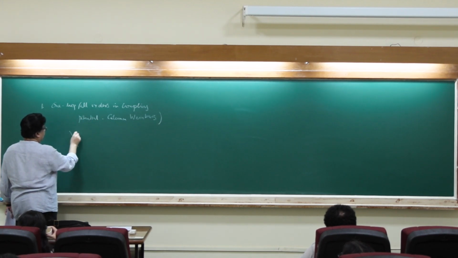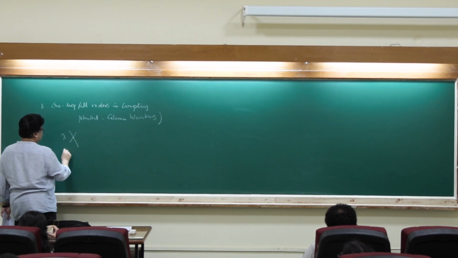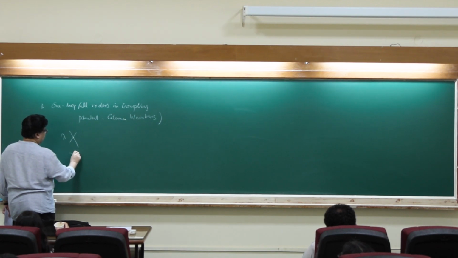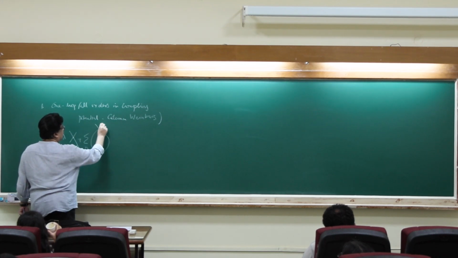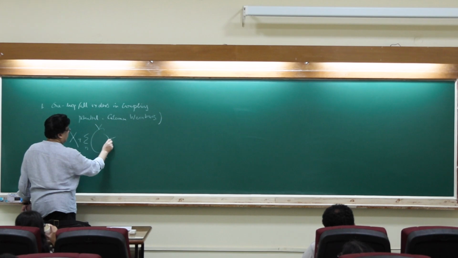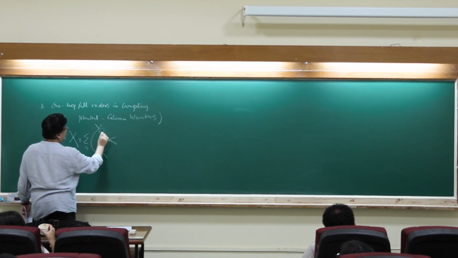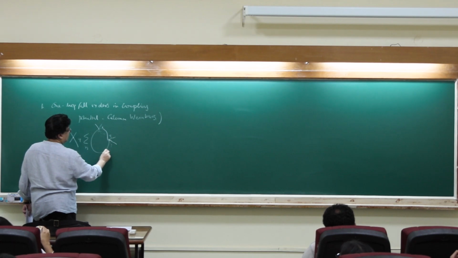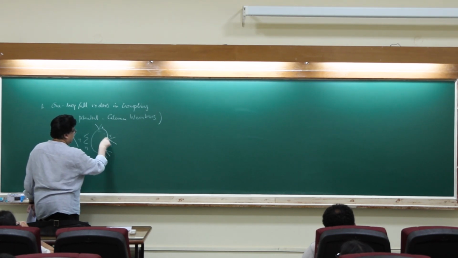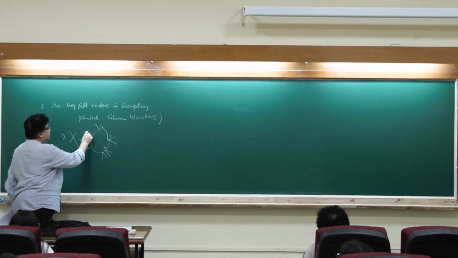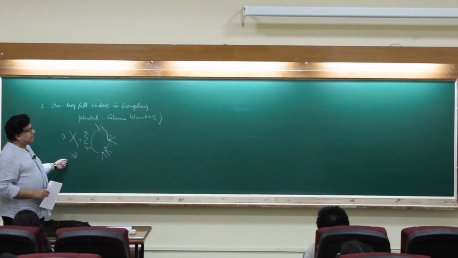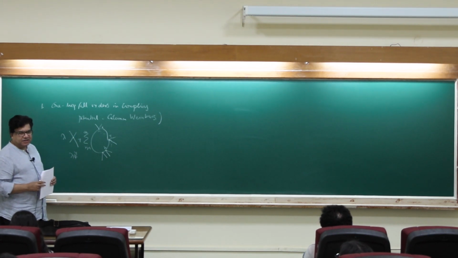So this looks like, if you have an interaction which is lambda phi to the 4, then you can have 1, 2, n such vertices summed over all n, 2 onwards. And this is what's called the Coleman-Weinberg potential.